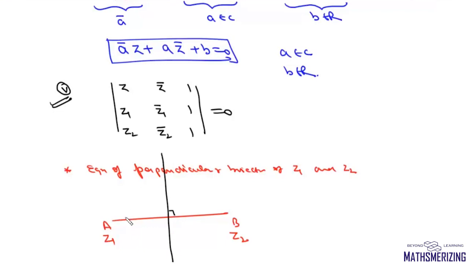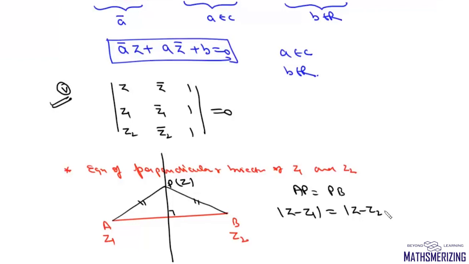We know that any point on the perpendicular bisector will be equidistant from both points. That means AP must be equal to PB. Now say this point is Z. In complex numbers, any distance is given by the modulus. So this distance AP is mod of Z minus Z1, and PB is mod of Z minus Z2.